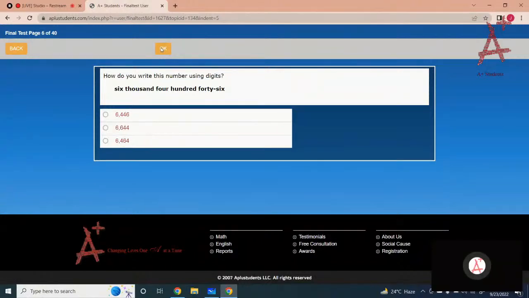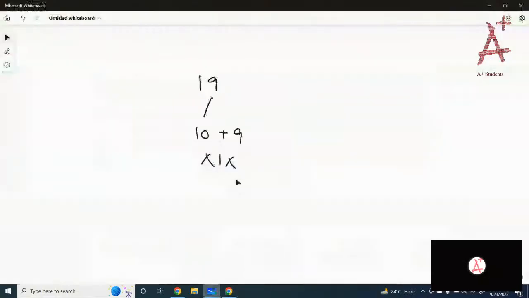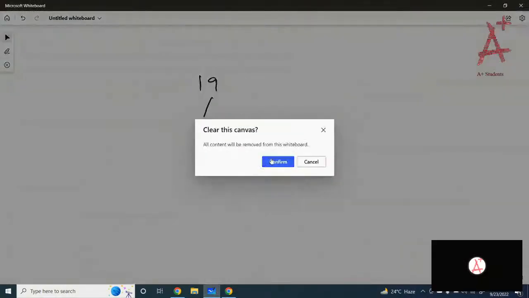Okay, the next one is, how do you write this number using digits? 6446. So which is the correct one?